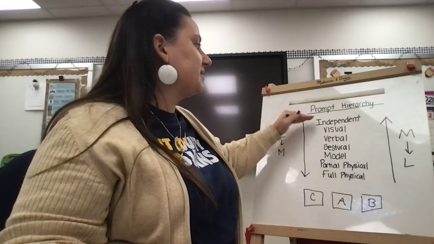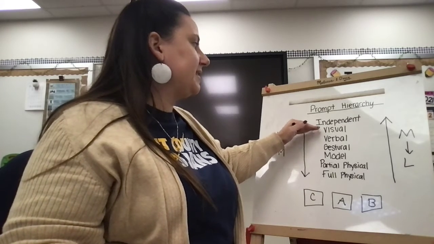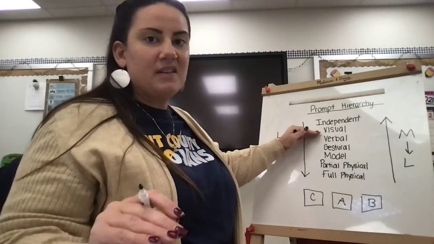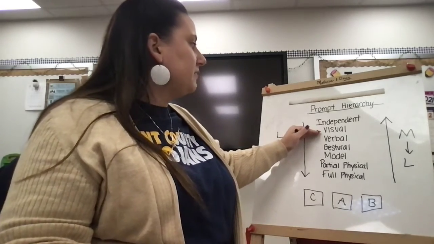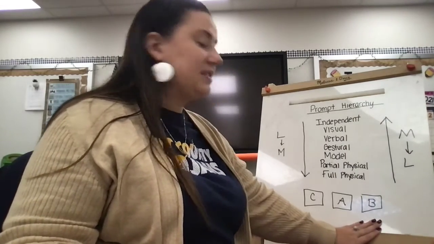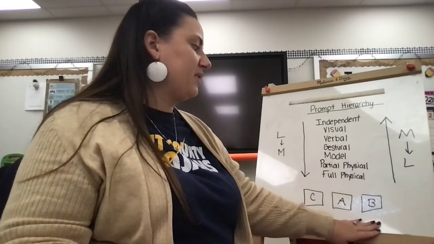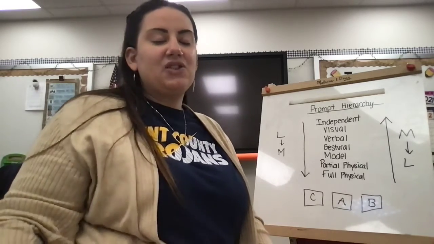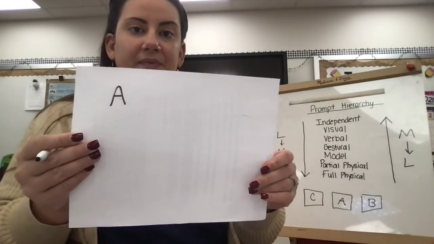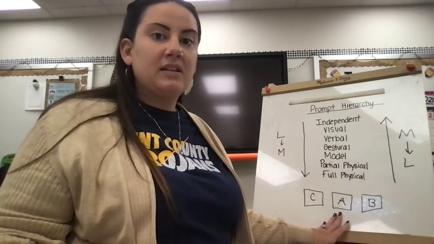Next, a step down on our ladder is visual. Visual is the next prompt. It becomes a little bit more intrusive. This is where, say I have these 3 letter cards out in front of a student, and I'm asking them to pick up the letter A, and I show them a picture of the letter A, then that could be a visual prompt.